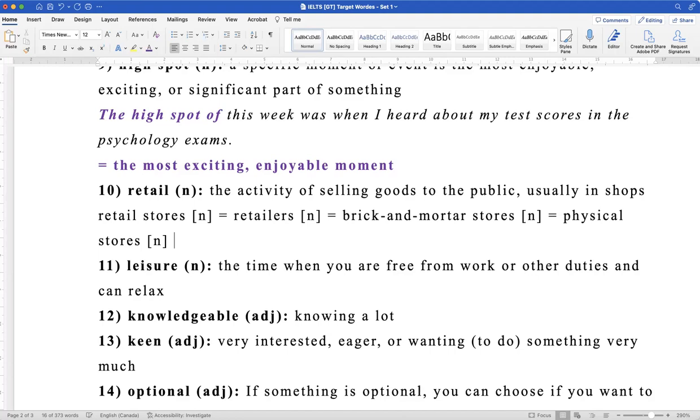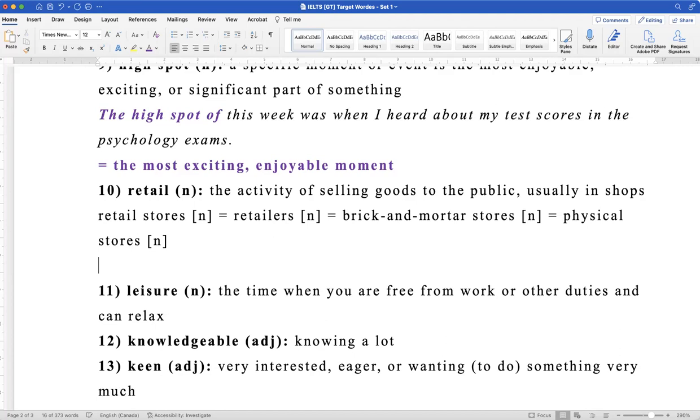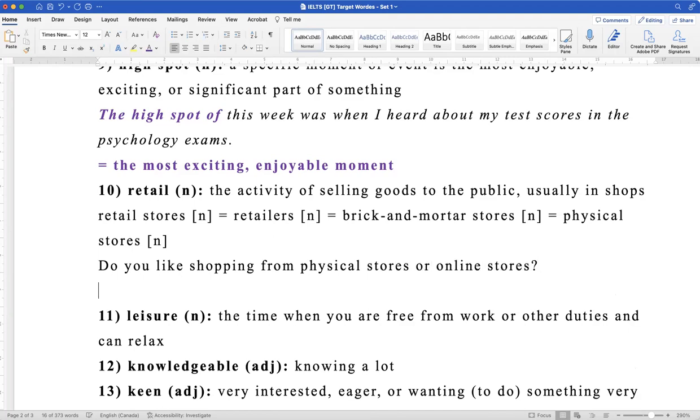Do you like shopping from online stores or brick and mortar stores? Well, it can be a speaking question. For example, in the IELTS, do you like shopping from, let's say, physical stores or online stores? Let's say this is the question, and you can answer in this way.